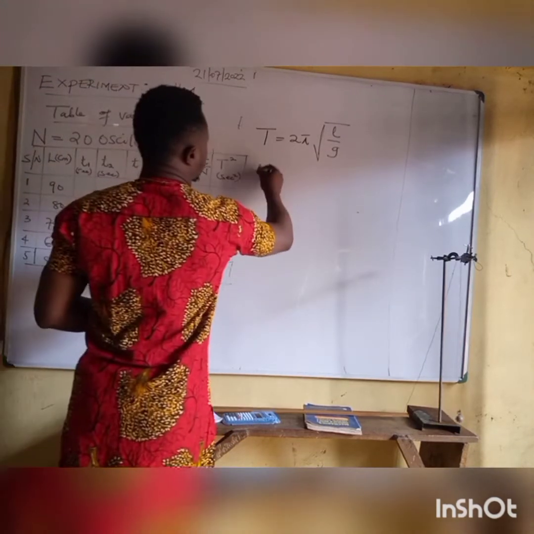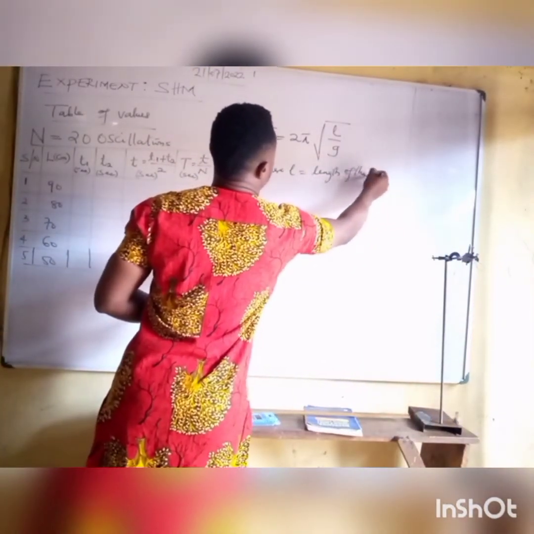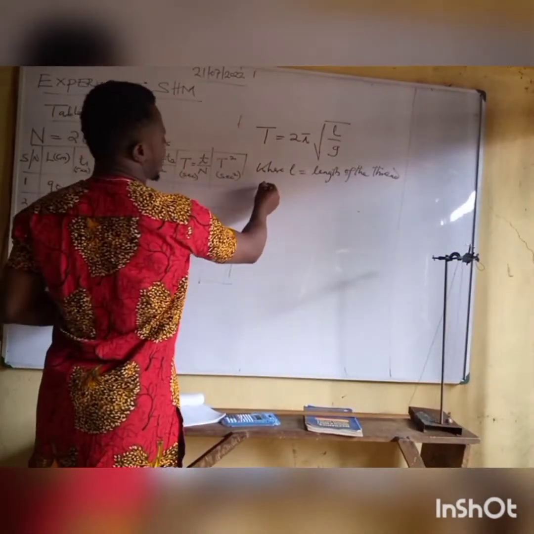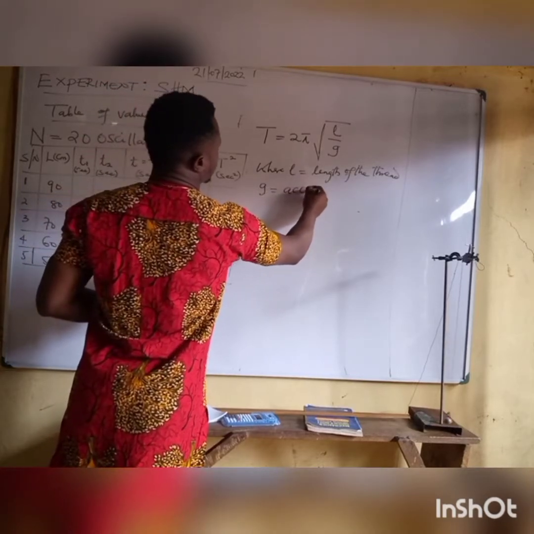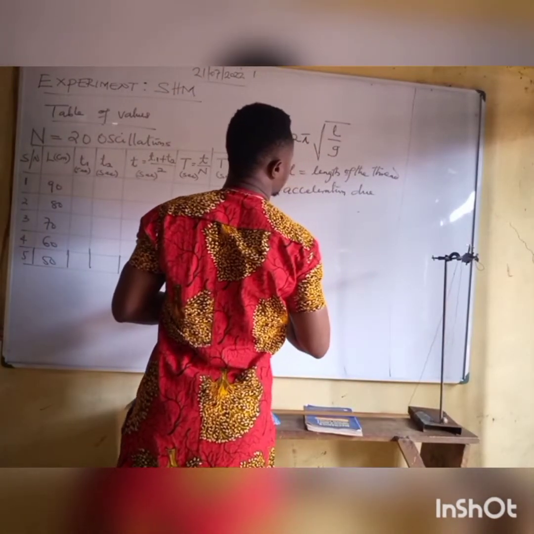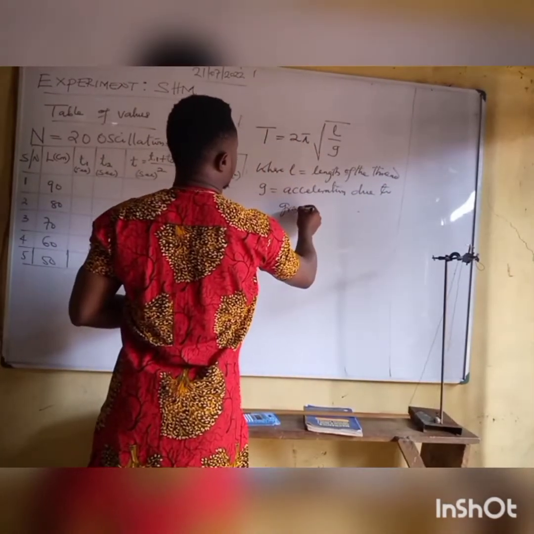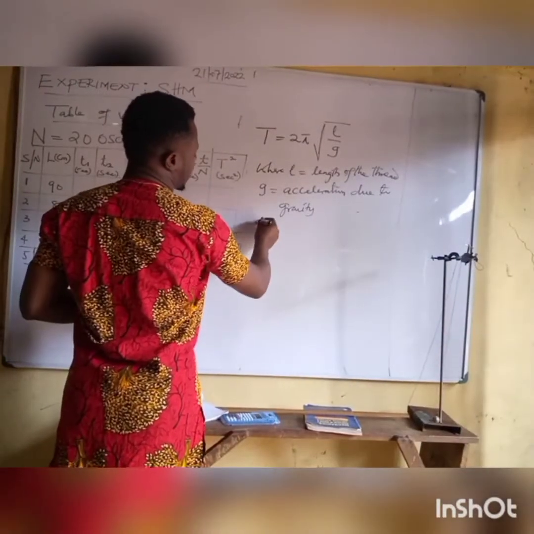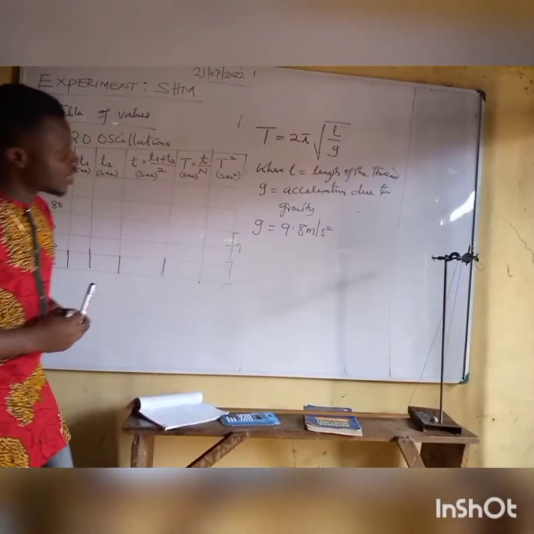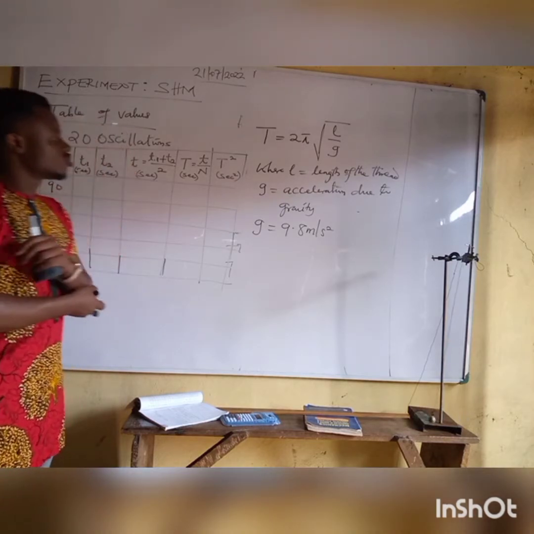Where L means length of the thread, and G is acceleration due to gravity. And our G is 9.8 meter per second square. This is the acceleration due to gravity, which is 9.8 meter per second square.